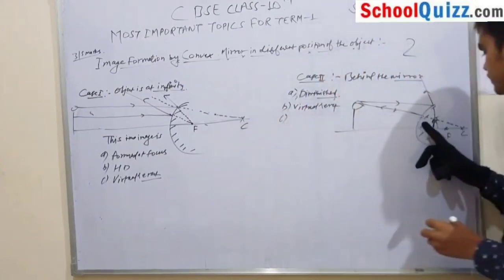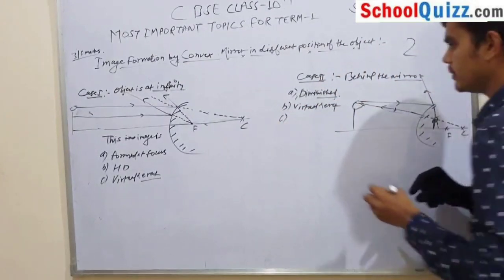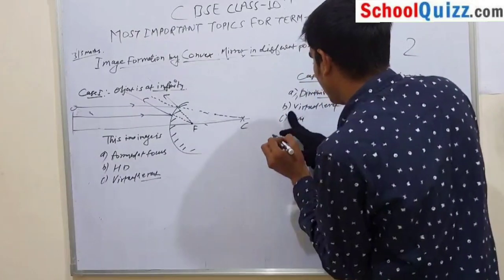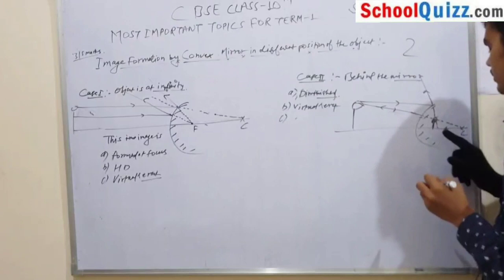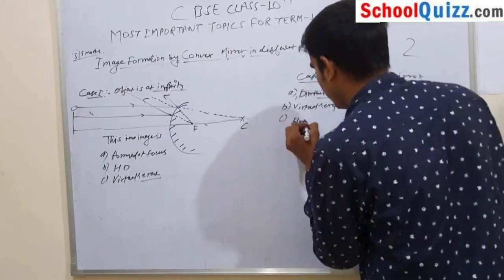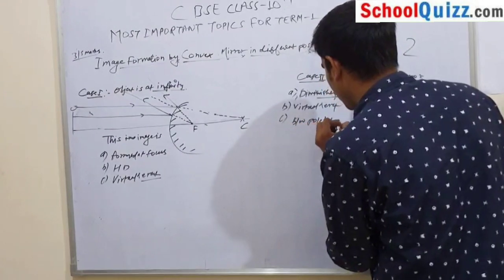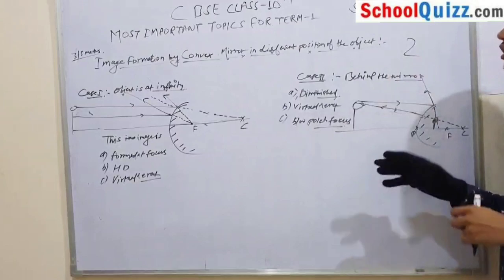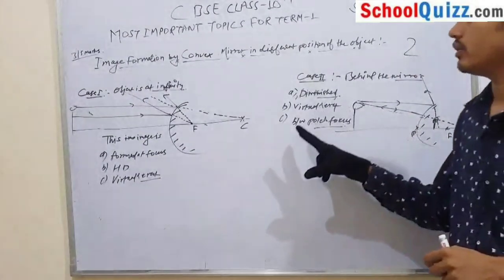And third, it is formed behind the mirror, between pole and focus. So this is all about the two cases of the convex mirror.